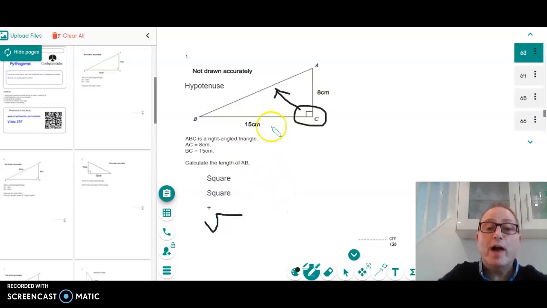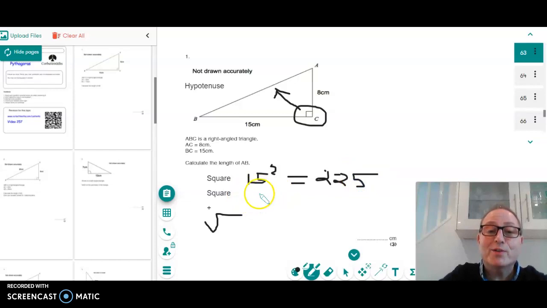So we're going to square 15 centimeters. So 15 centimeters squared, which equals 225, and we're going to square 8 centimeters, which equals 64 centimeters.